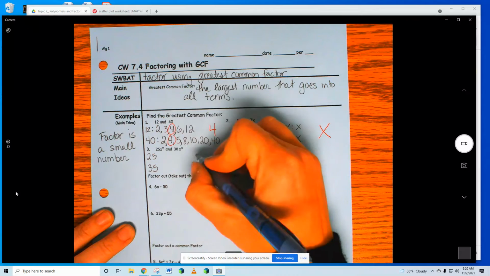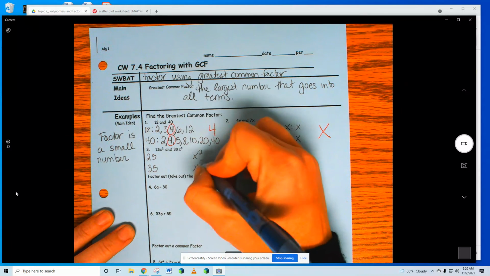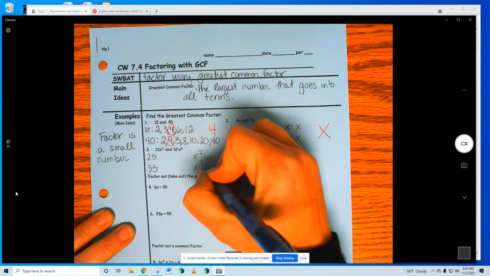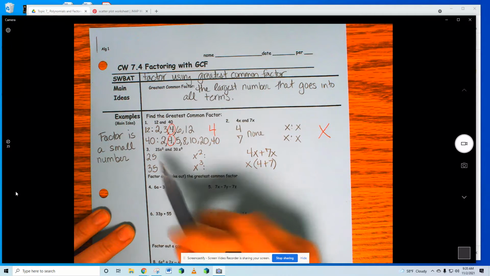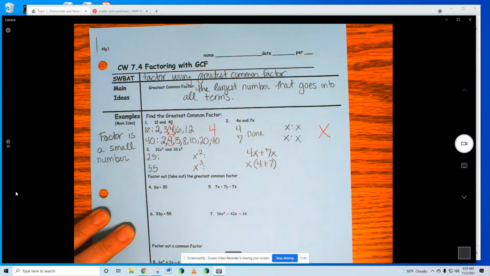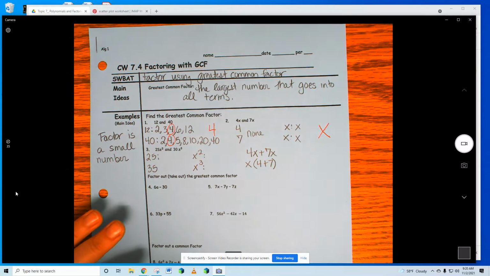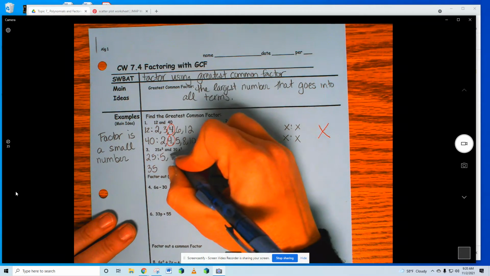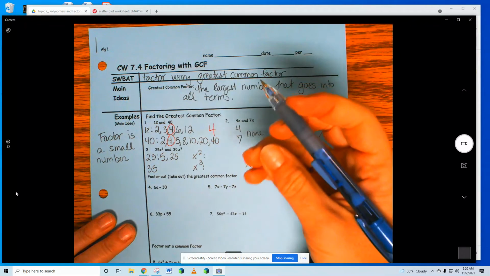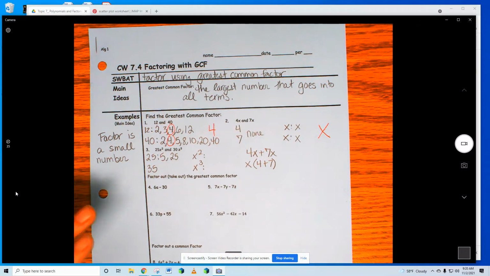And then I'm going to go x squared and x to the third. 25 is what? There's not very much that goes into 25. 5 and itself.